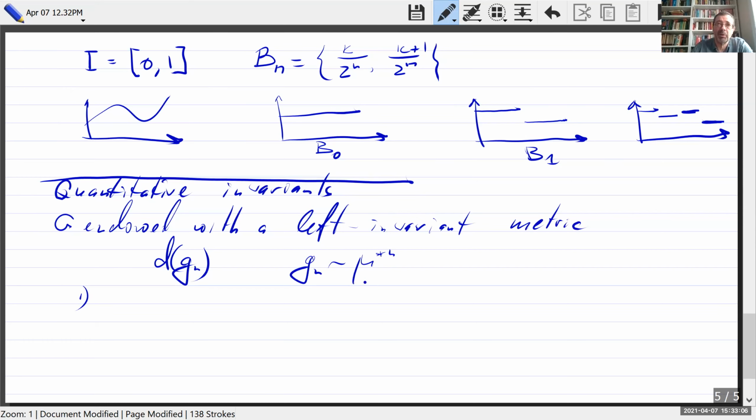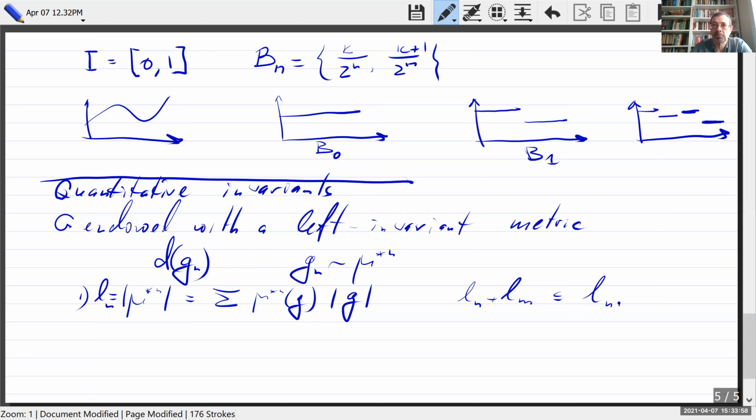Since I'm dealing with a left invariant metric, and my random walk is also left invariant, it easily implies that this sequence is subadditive: L(n+m) is at most Ln plus Lm.